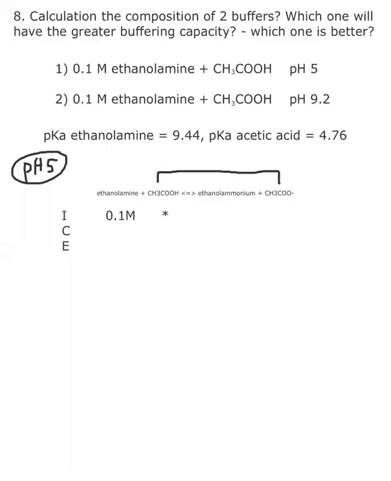So if at pH 5 there are only acetic acid and acetate, it means that when ethanolamine reacts with acetic acid at equilibrium, there has to be no ethanolamine left over, because any ethanolamine left over will still react with acetic acid and change to acetate, and then that change in amount would alter the ratio at pH 5, and thus the pH would not remain 5.